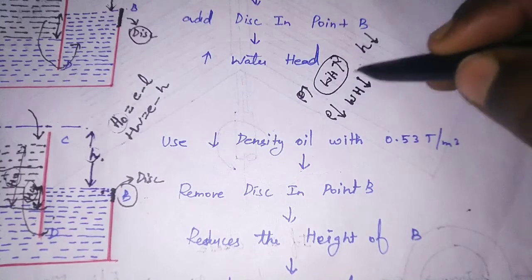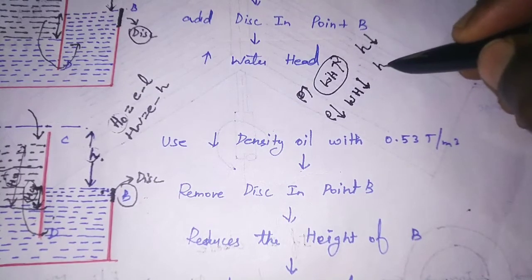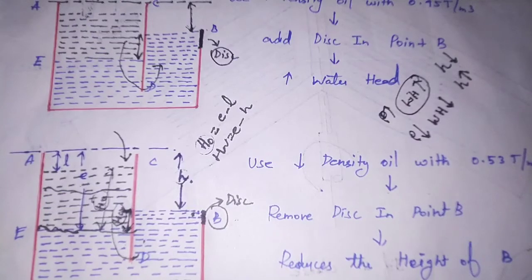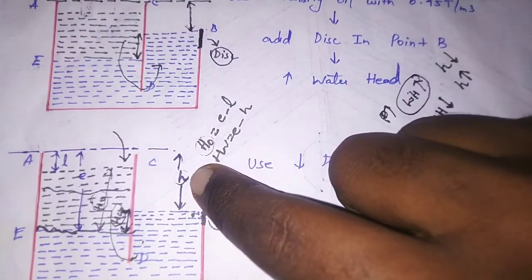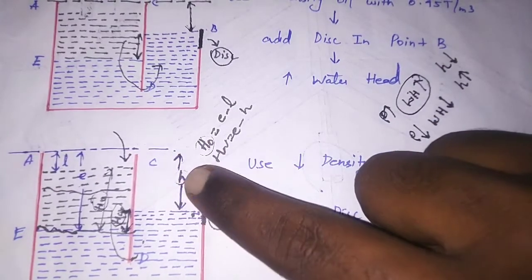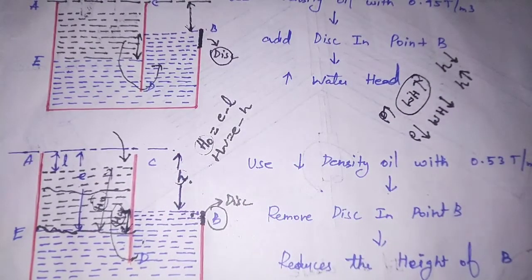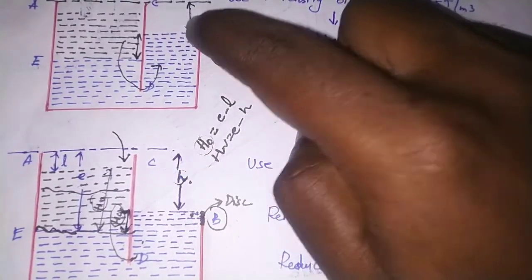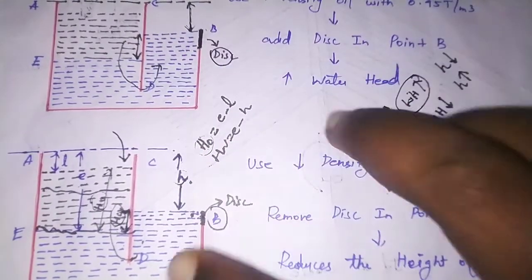How can I reduce the water head? By increasing the H value. So by either increasing or decreasing the density, we are only changing the H value, and by using this disc we can maintain the E line at point E. How can I increase or decrease the H value? By adding and removing the disc.